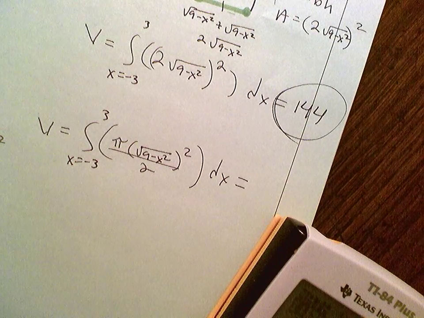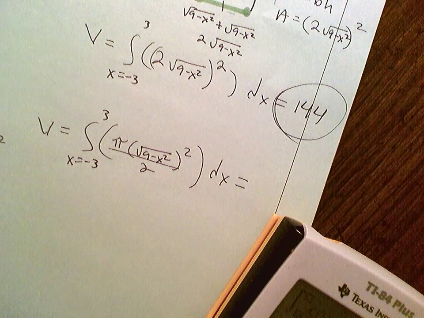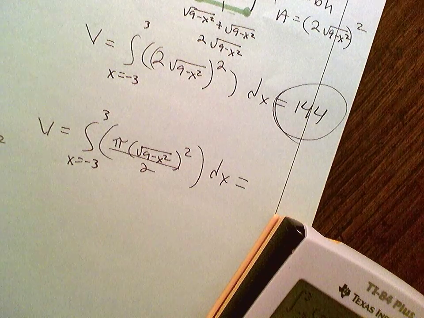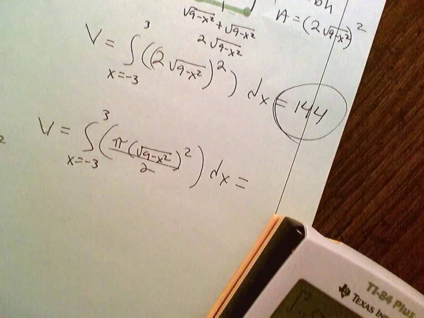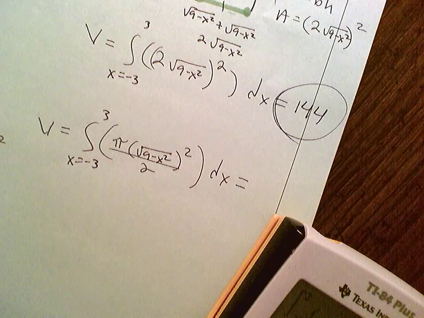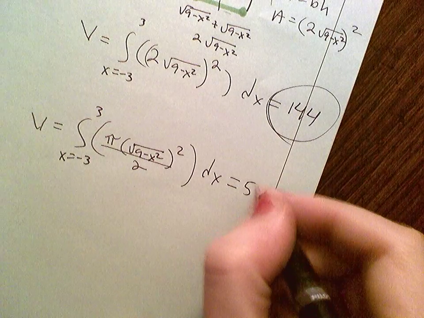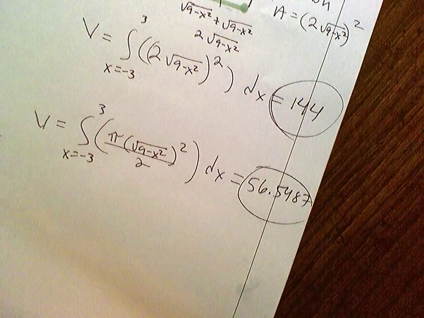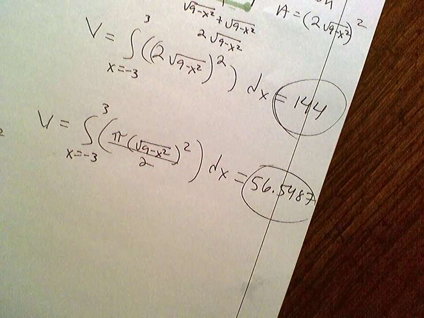In math 9, -3 to 3, pi over 2, 9 minus x squared, and I got 56.5487. Geez, a lot smaller, less than half of the one with the squares. So that would be a solid with less volume.